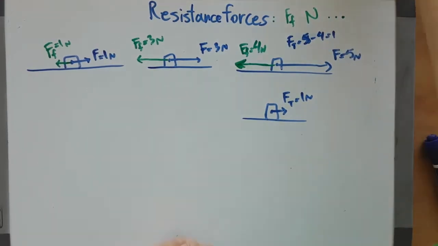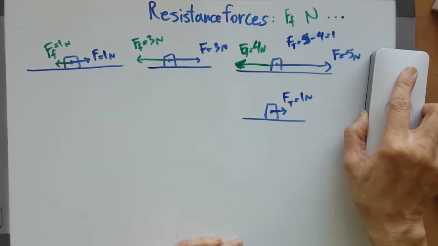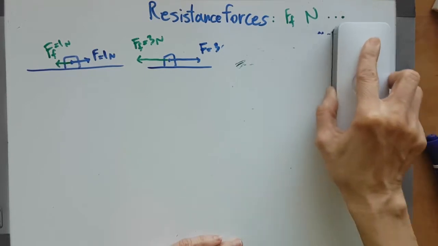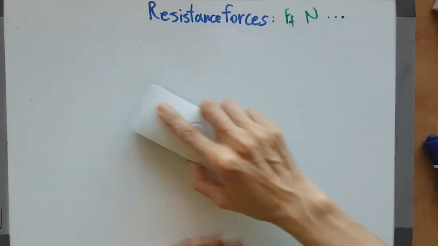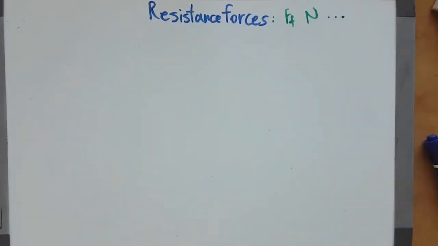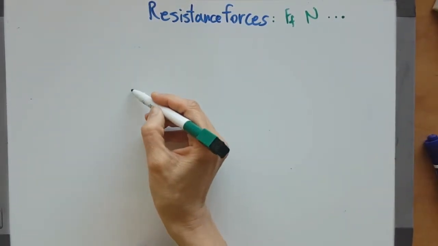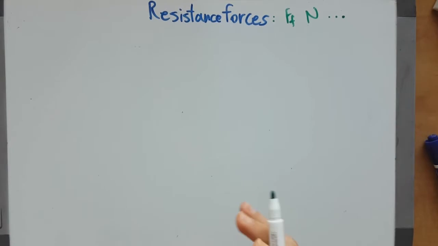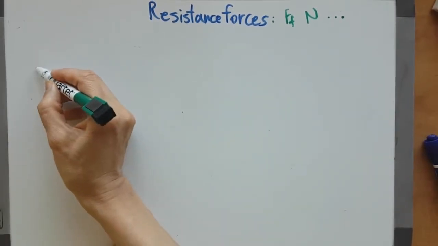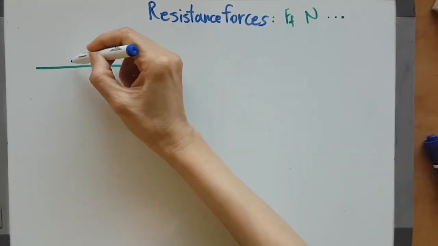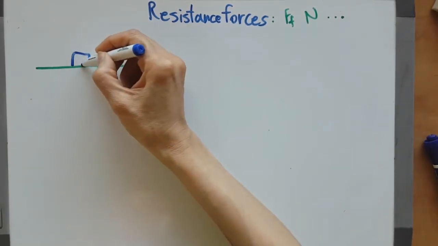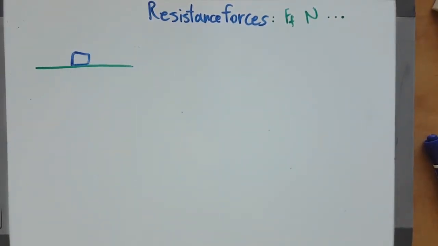Now I'm going to introduce another resistance force, which is called normal force. I don't know why it's called normal, because it is actually the resistance of the surface. So I call it resistance of the surface. Let's say you have a surface here, and this is your box, and the center of the earth, imagine, is brown.